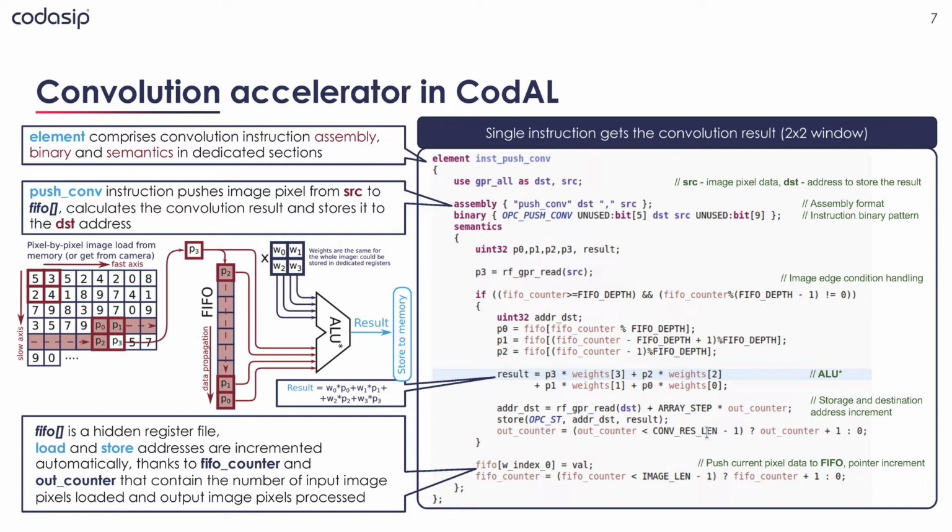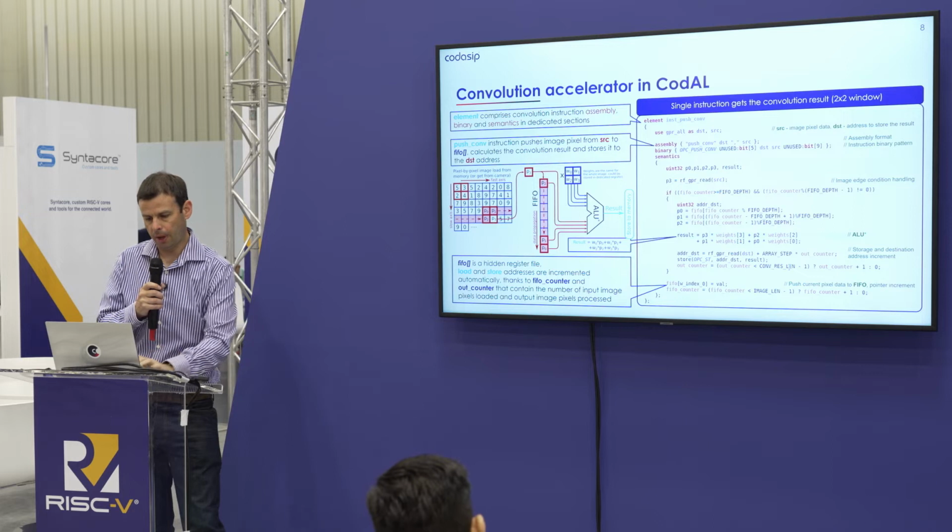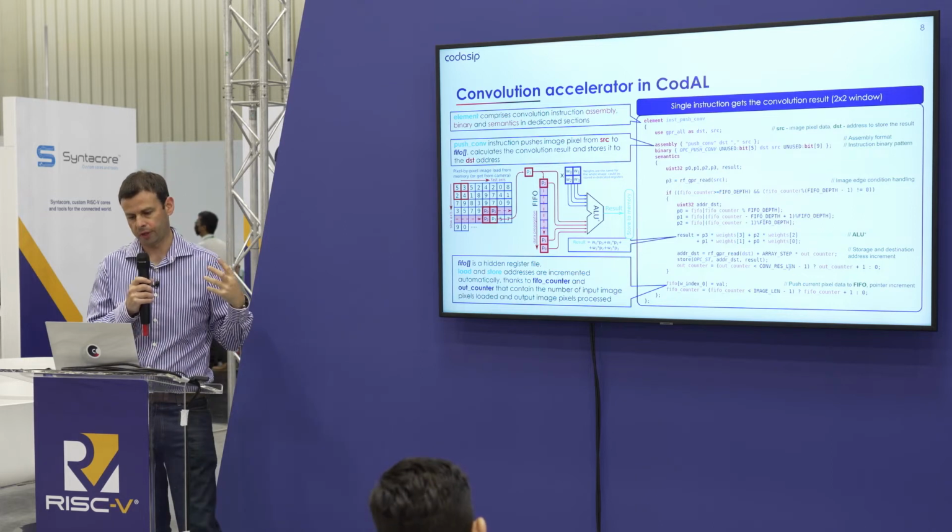And again, you can see all of these operations going on here are described in the code. The FIFO is a special hidden register file that's not generally accessible outside of this instruction, because this is the only instruction that uses it, so it doesn't need to be accessed by other instructions. And then we generate the output at the end.